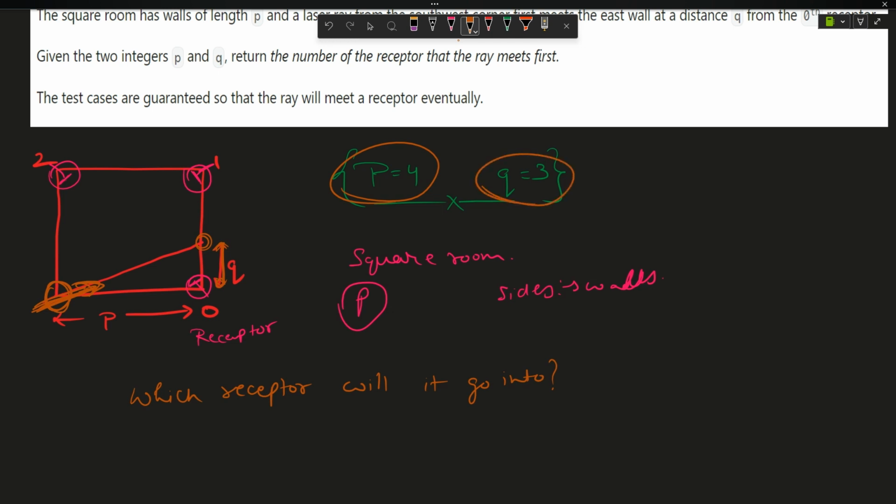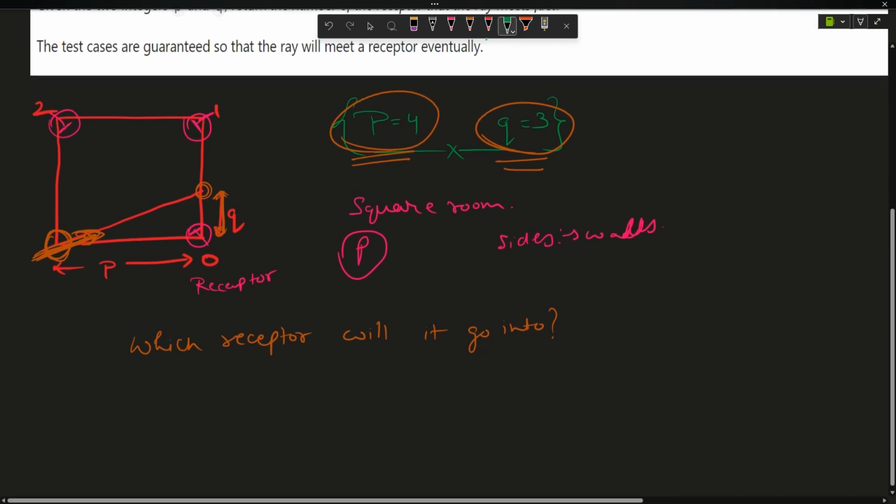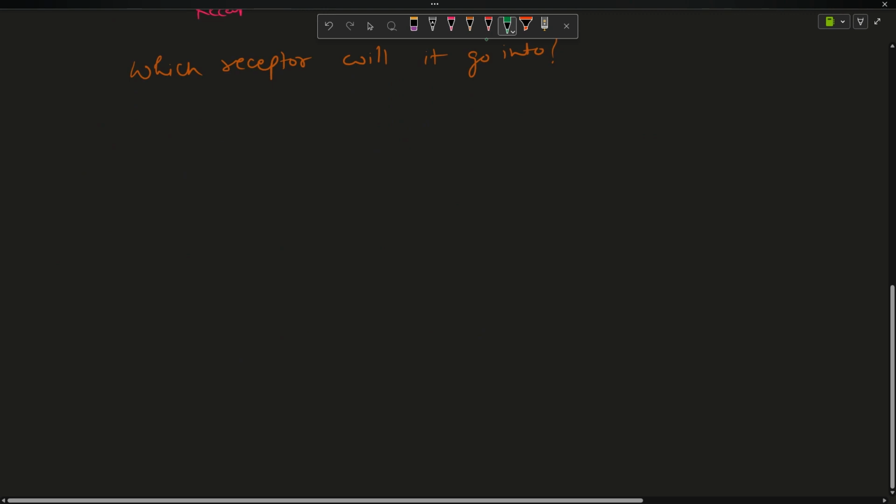p and q. I've taken a typical example of p equals 4 and q equals 3, and if you solve this question, you will get the concept of how to approach the problem. So let us make a proper square with p equals 4. I will treat one unit as 1.